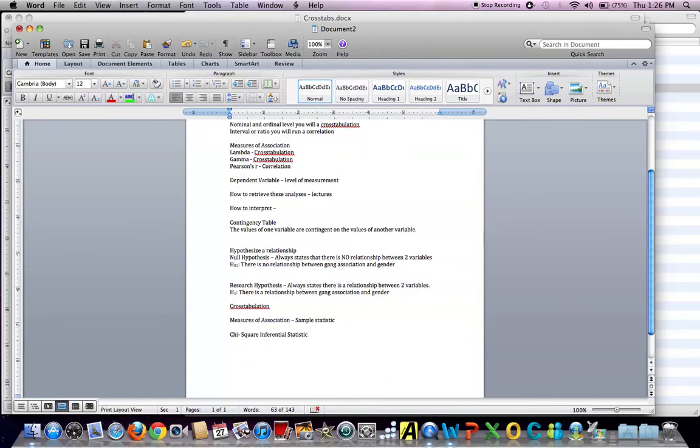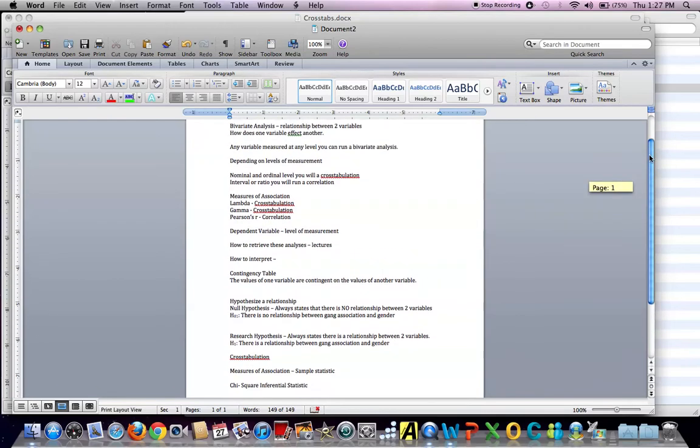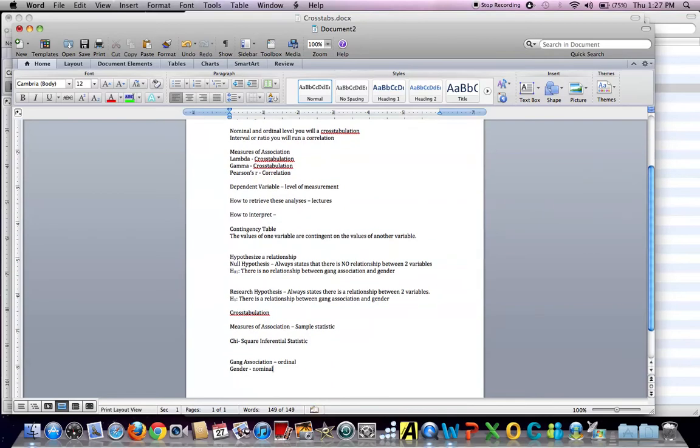So with gang association being ordinal and gender or sex being nominal, the measure of association that we will use would be gamma.